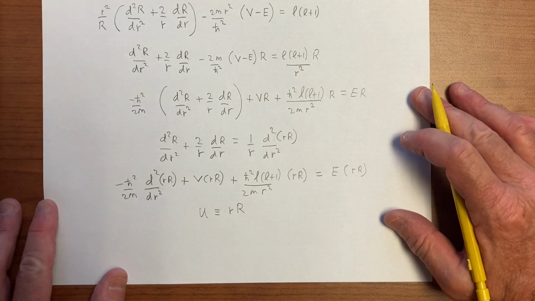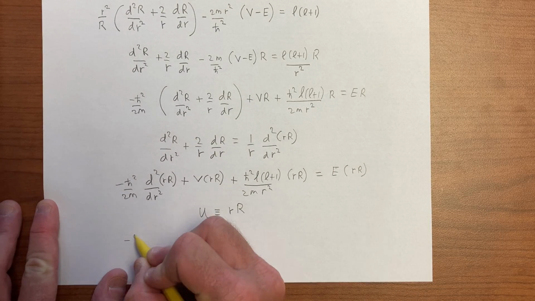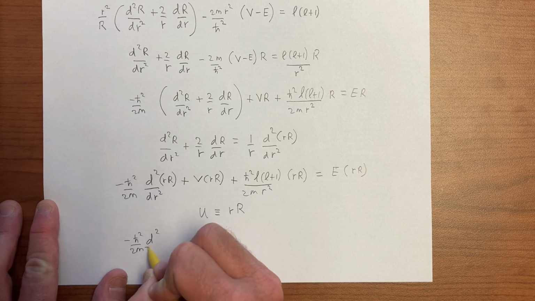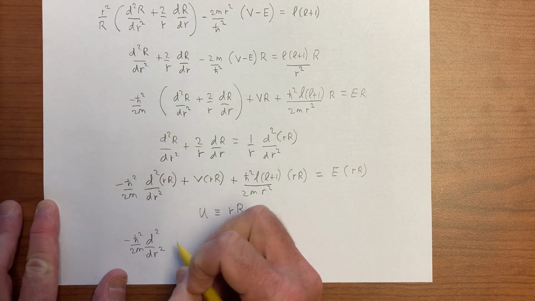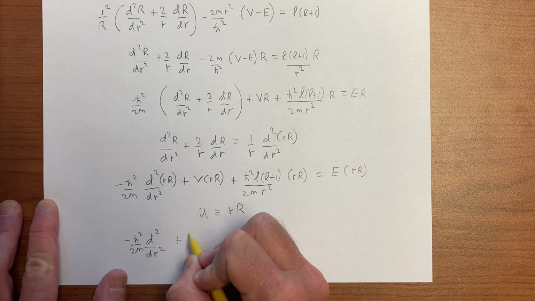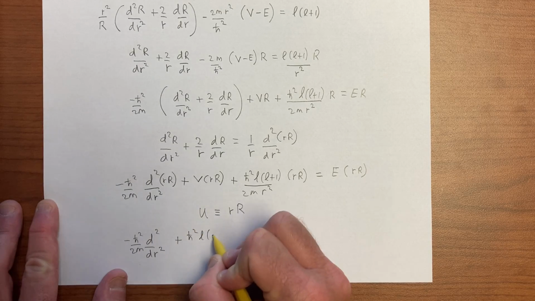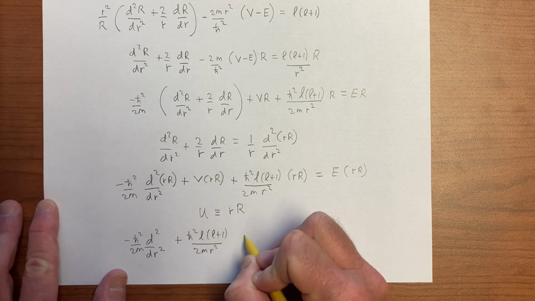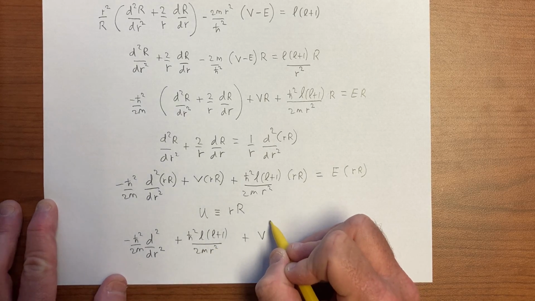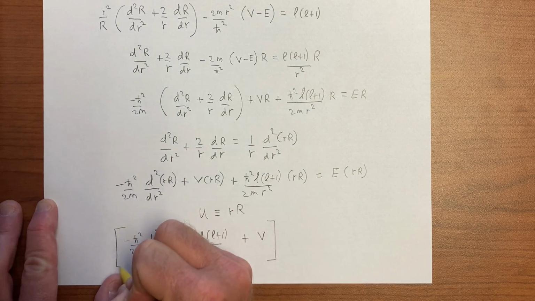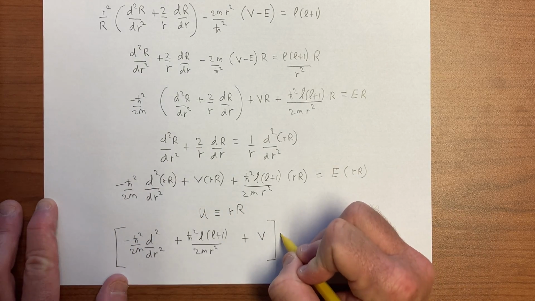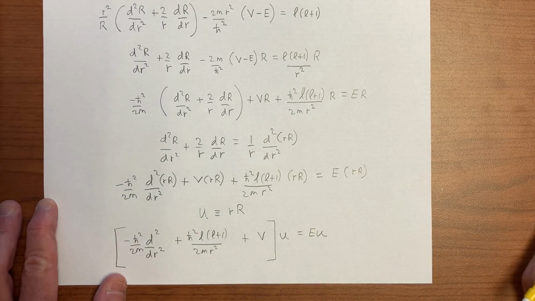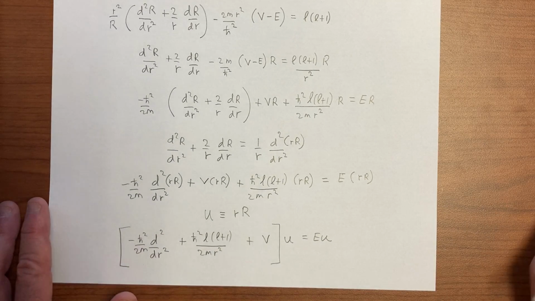So we end up with, let's see, minus h bar squared over 2m, two derivatives in r, plus h bar squared, L times L plus 1, over 2mr squared plus V, acting on u is equal to E times the u function. So let's get another sheet.